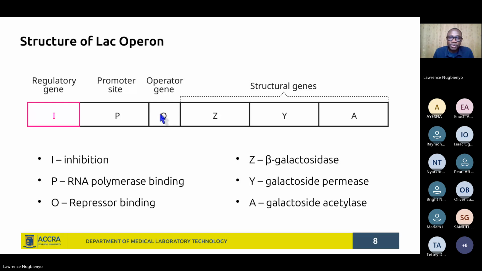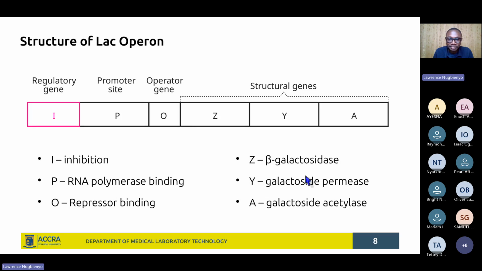Now, we see regions labeled Z, Y, A, which are referred to as structural genes. The reason is that when this gene is expressed, what we get comes from these particular regions, Z, Y, A. The Z region will give us a protein, beta galactosidase.